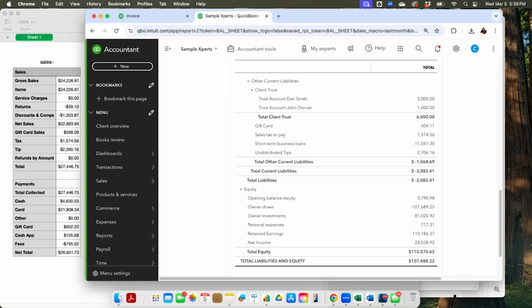Let's go back here. Okay, I'm back. I am so happy that you took the time to learn more about QuickBooks with me today. So this is actually pretty good information, because I know firsthand that a lot of you are having problems with Square integration. And that's how you can fix it.